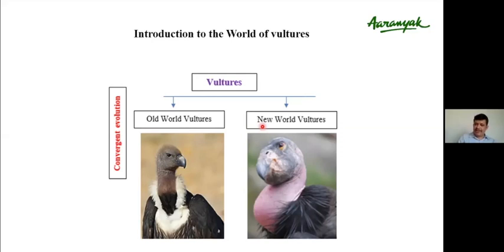Then the New World vulture has a very specific behavior called urohidrosis, which means they defecate on their legs to cool them by evaporation, which is not seen in the Old World vulture. But both have a common similarity: their neck is bald and lightly feathered.